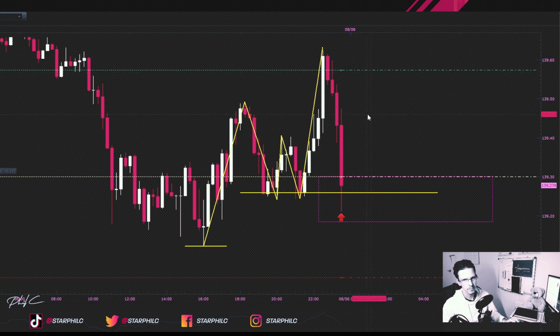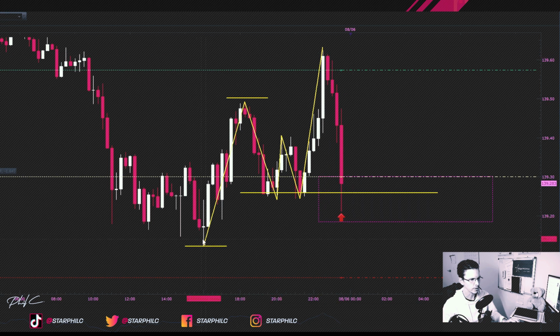What does that give us? As price action moves towards the upside, we have a higher high, higher close. Why? Because this candle closed above this high right here. And that would give us a new structure high.